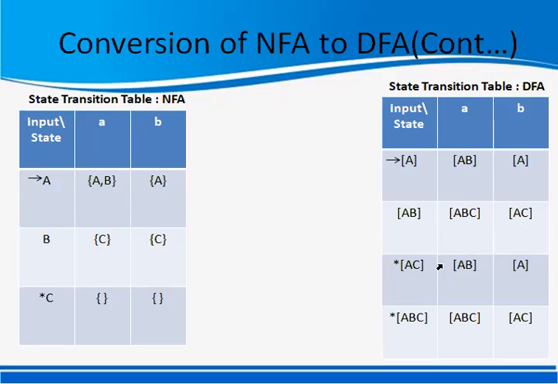First we will see the transitions on AC. On input small a, we will take the union of A and C. So it will give A, B, because from state C on input a, there is an empty state.